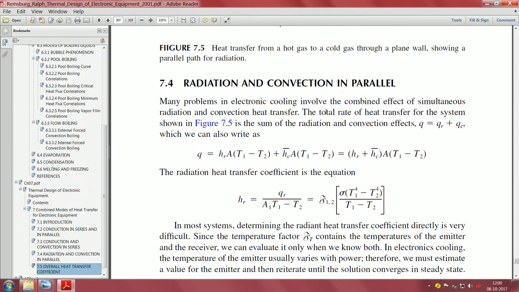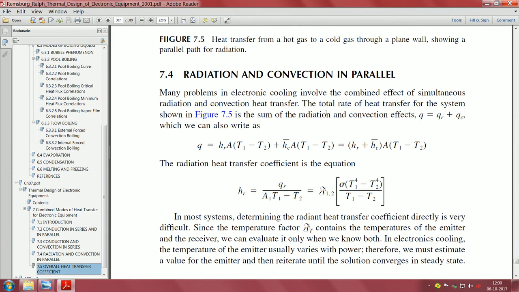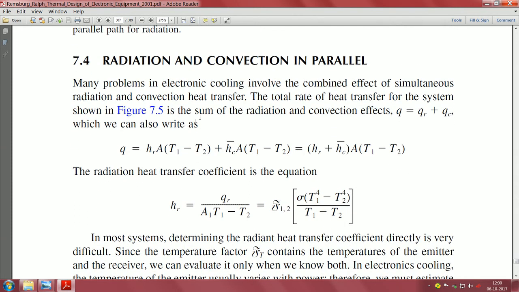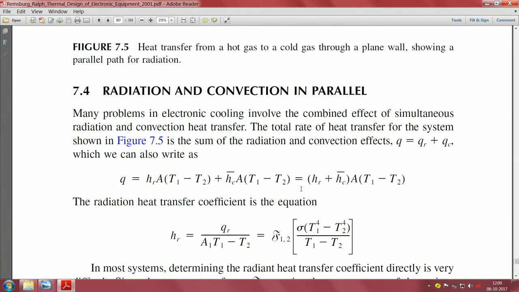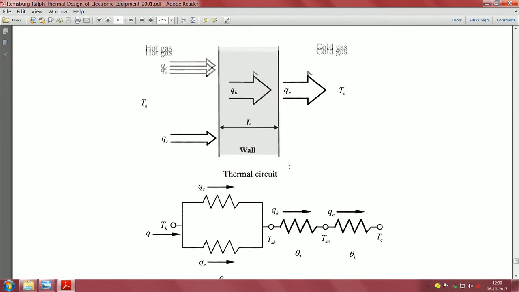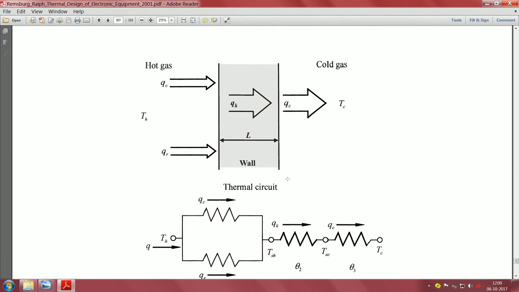Next time when I start, if you come towards the end, finally it is a combined effect of simultaneous radiation and convection together. So, you have several of these things which are operated directly, hot gas versus cold gas. I will try to continue with this in the next lecture, come back a little, start and make it in an organized way.